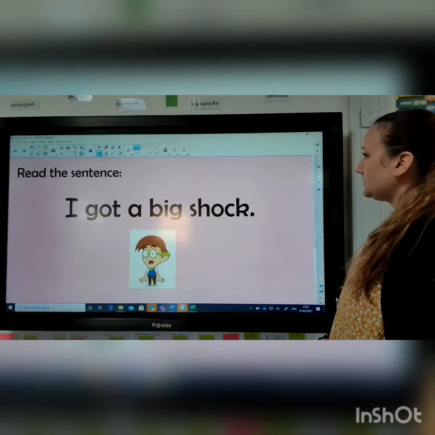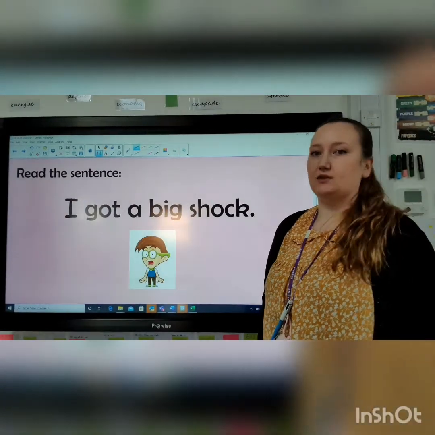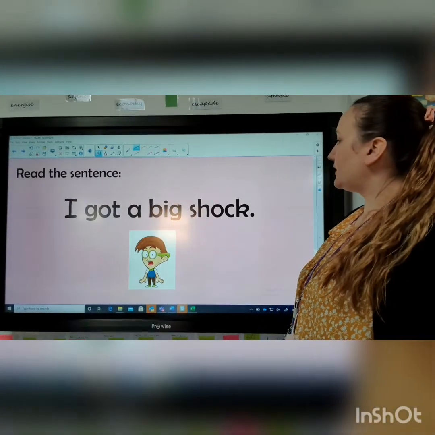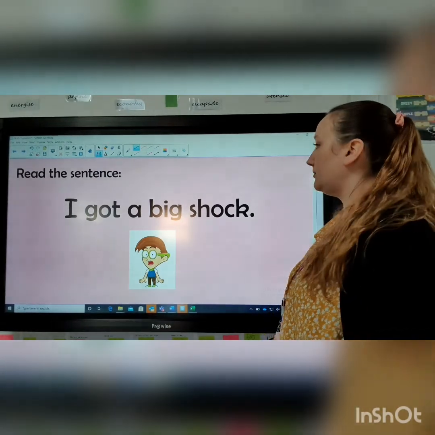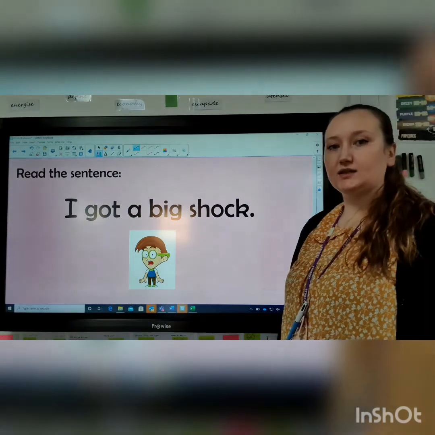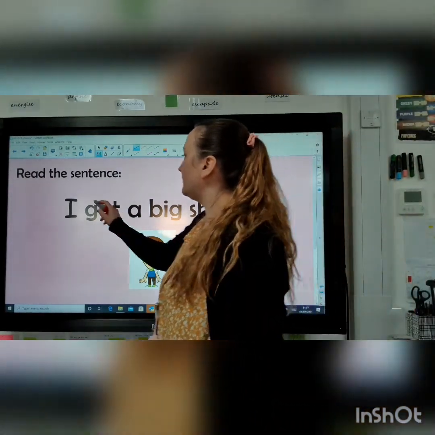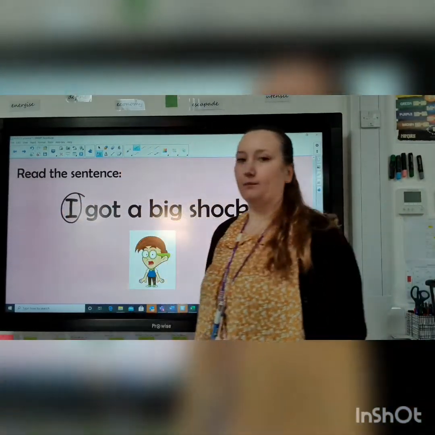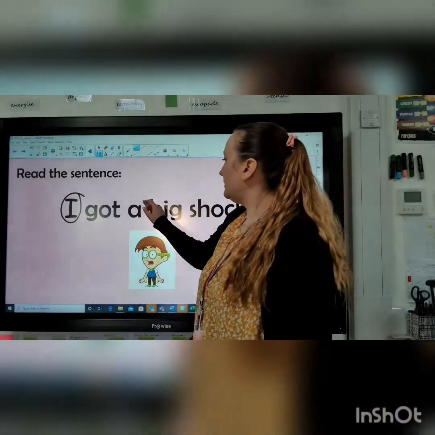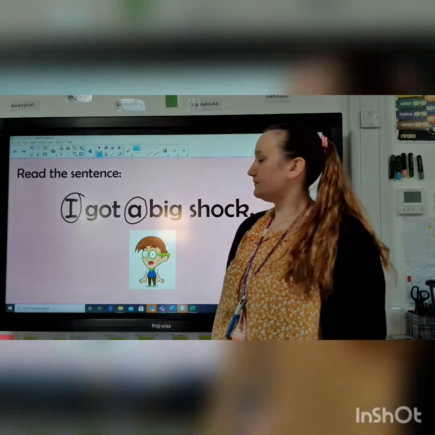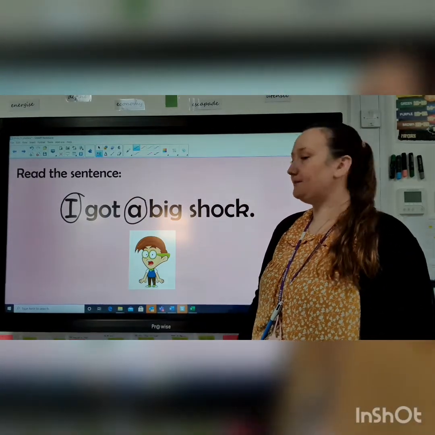So now we're going to read this sentence. Okay, so some of these you might already know just by looking and practicing your keywords and using your blending skills. So this word here, what's this? This is one of our tricky words. I. This one, a.